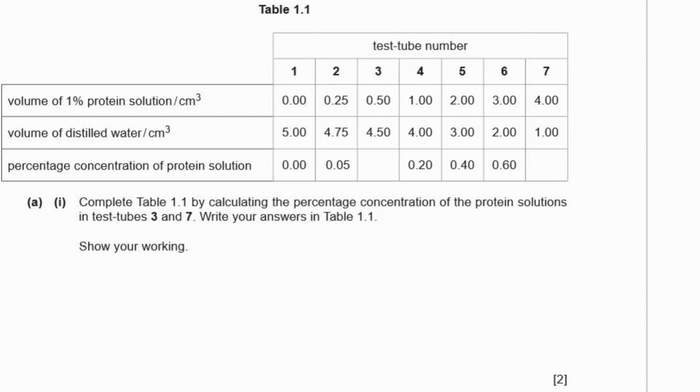So question A1. Complete table 1.1 by calculating the percentage concentration of the protein solutions in test tubes 3 and 7. Write your answers in table 1.1 and show your working.